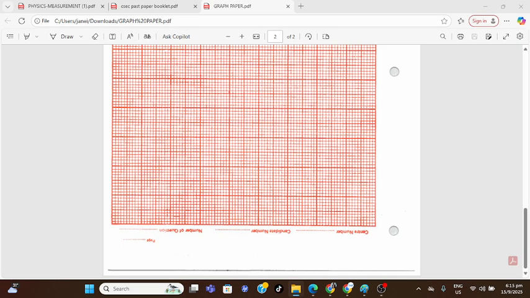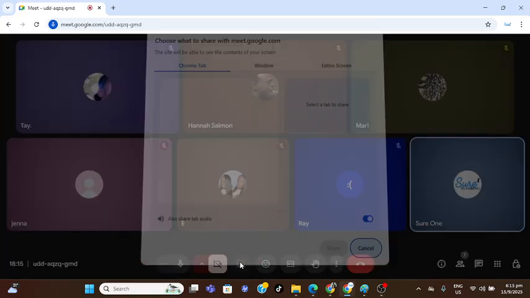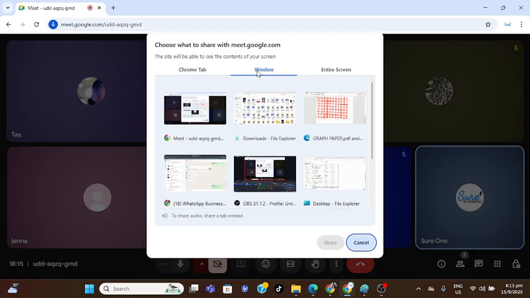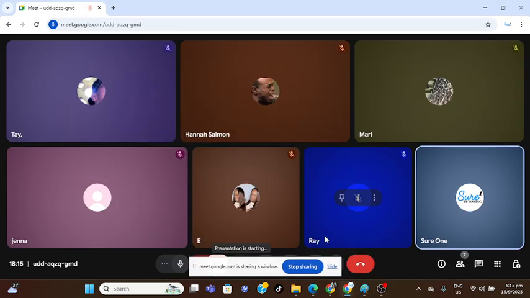First time using this graph paper. I'll just go back and forth then. Share. Okay.